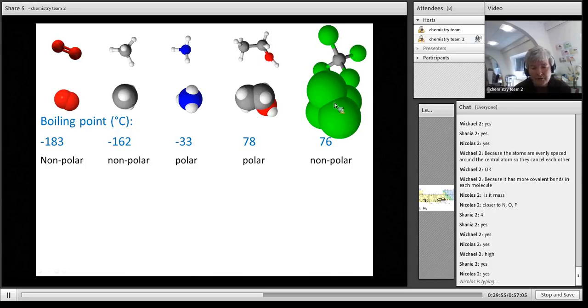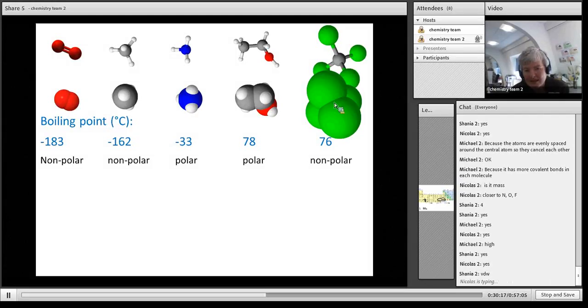Is it van der Waals or van der Waals and hydrogen? So you can just say VDW or VDW and H. What do you think? VDW, and VDW only van der Waals.